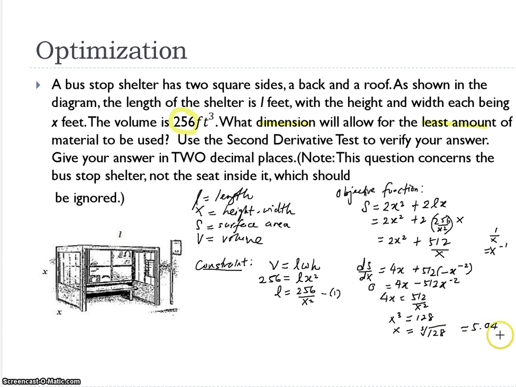How do we know this x value actually contributes to the least amount of material? We need to use the second derivative test to verify our answer. From the previous page, we have objective function S equals 2x squared plus 512 divided by x, and dS/dx is 4x subtract 512 divided by x squared.